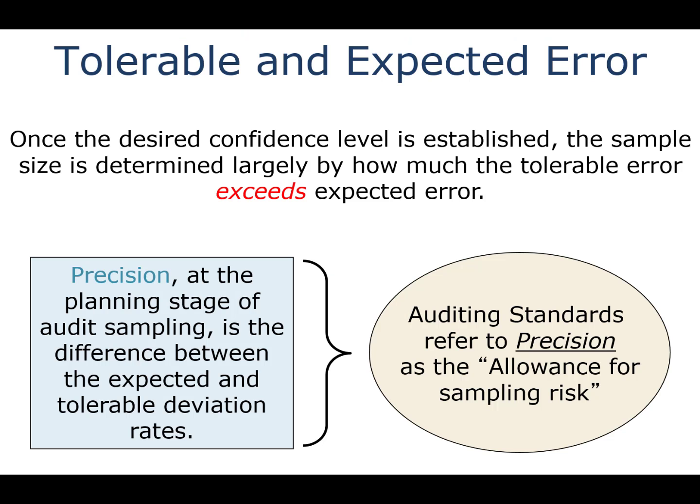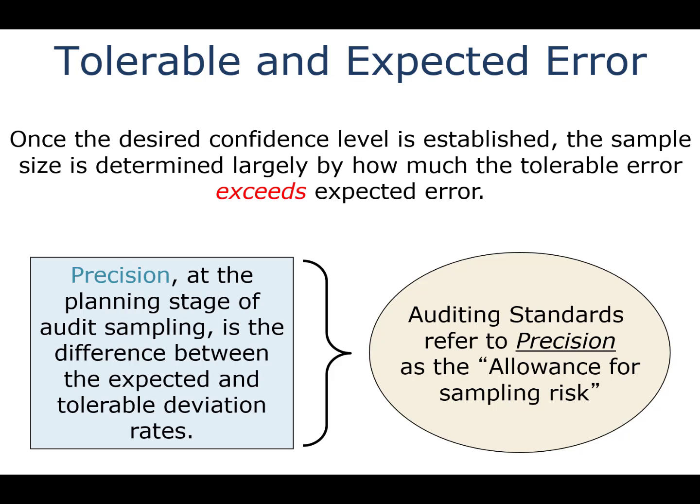Let's now address the last two elements related to sample size, and this is the tolerable and expected error rate. Given that the auditor is looking for reasonable assurance, we are able to tolerate a certain amount of errors within the financial statement. We need to compare this to expected error. The element that we consider in terms of sample size relates to how close the expected error rate is to the tolerable error rate.